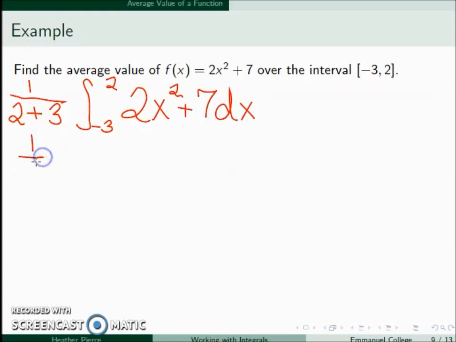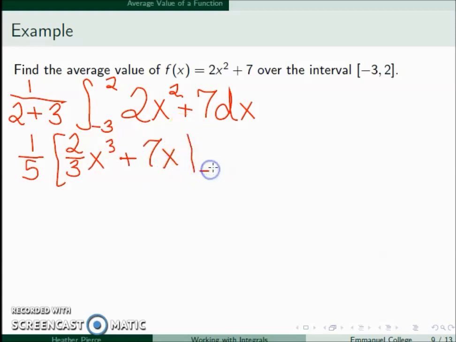So this is now 1 over 5 times 2/3 x cubed plus 7x between negative 3 and 2.